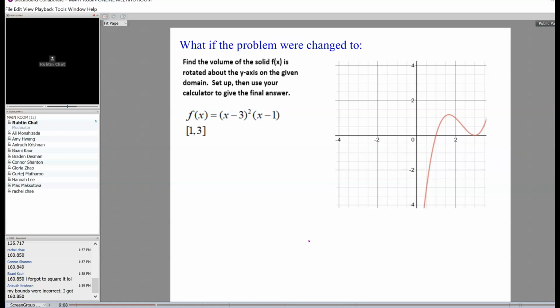And raise your hand when you can identify it. So just think about what's going on with this one, and then raise your hand. As soon as you identify what's going on with this one, where the disk method has a problem, so I'm taking that little loop and I'm going around the y-axis.